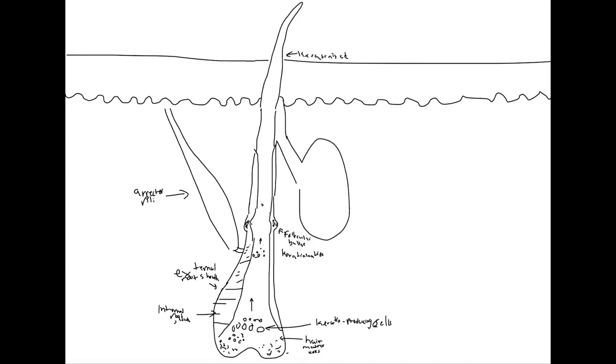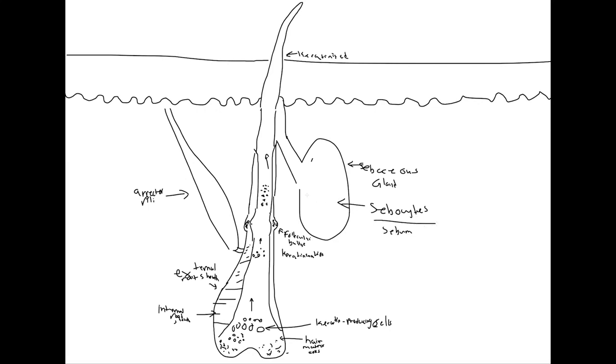As these keratin-producing cells move up and go further through keratinization, eventually they're going to reach this sebaceous gland. This sebaceous gland contains cells called sebocytes, and these sebocytes are going to produce sebum.